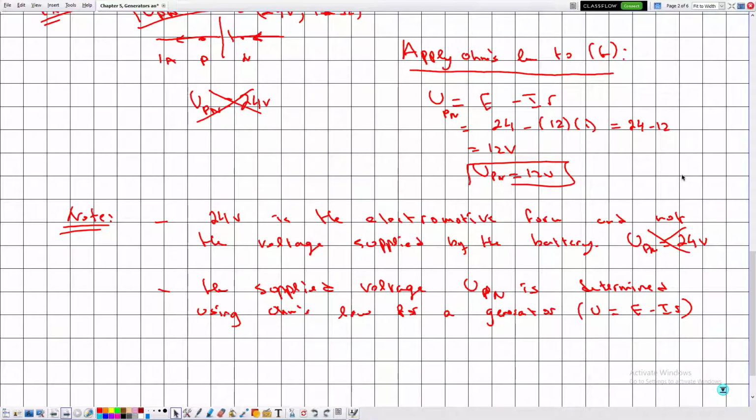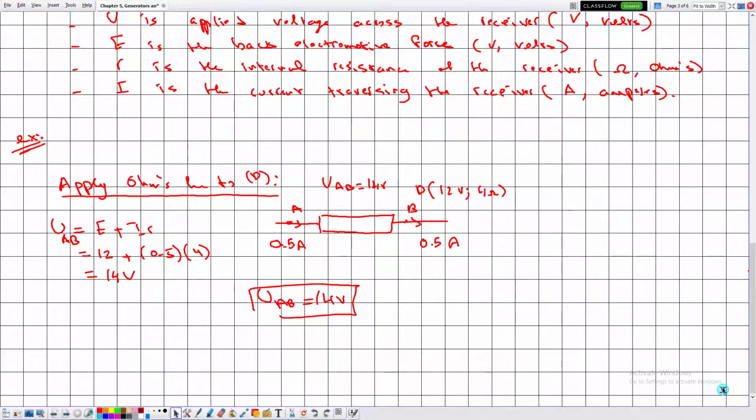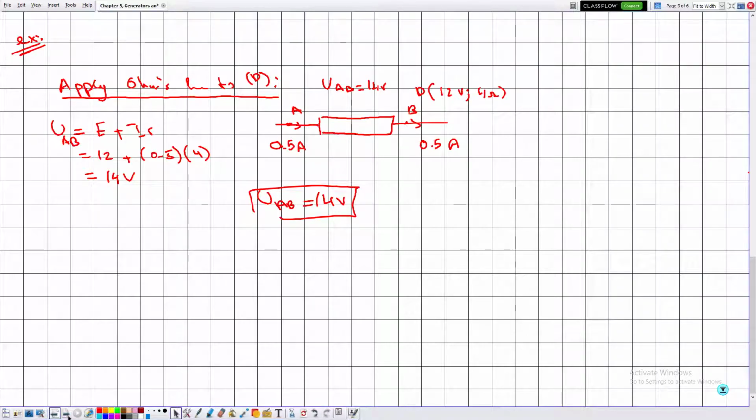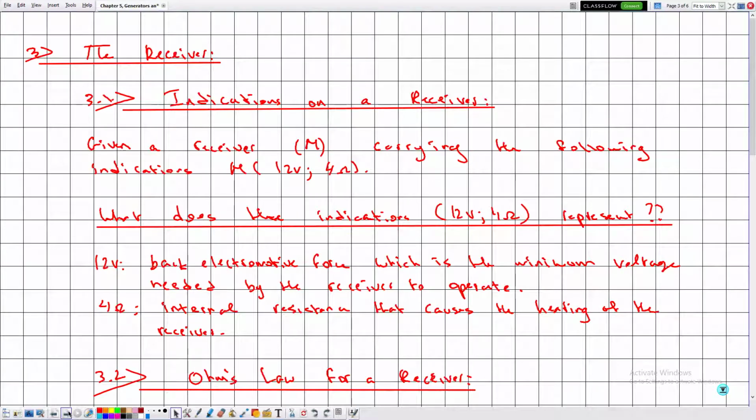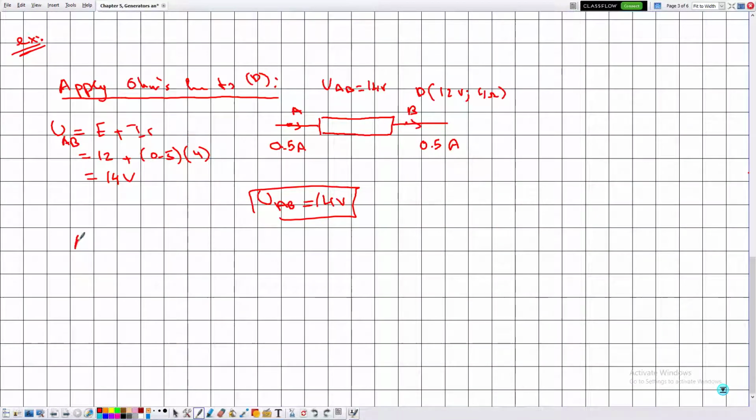So let me say here the following note: 12 volts is the electromotive force, back electromotive force, and not the applied voltage across the receiver.